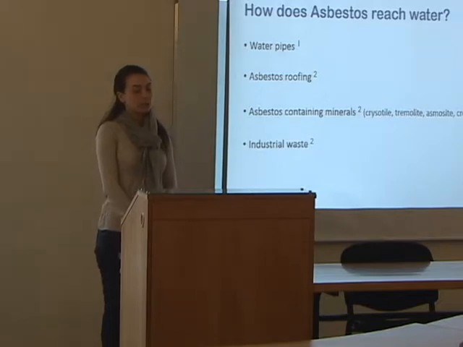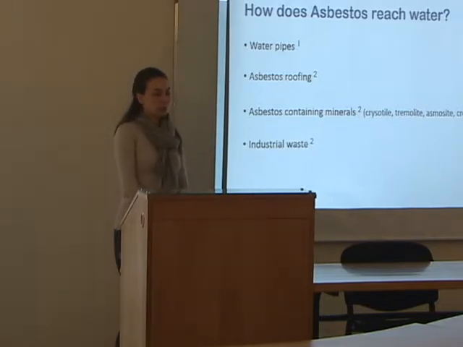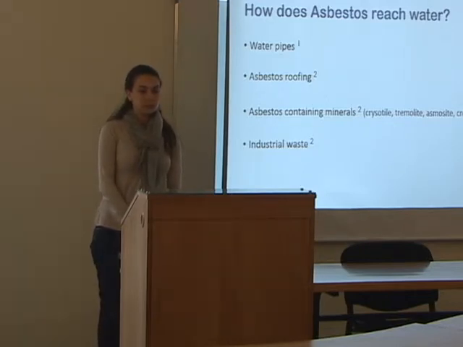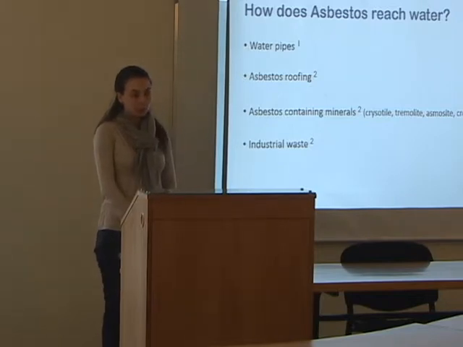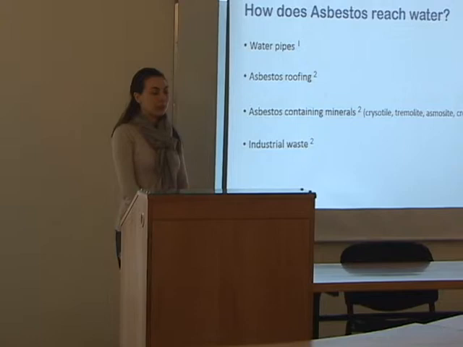So, how does asbestos reach water? One of the ways is through water pipes that are made of asbestos cement. Whenever these pipes erode, they allow asbestos to get into the water, and eventually we'll be drinking this water. Another way is through asbestos roofing.